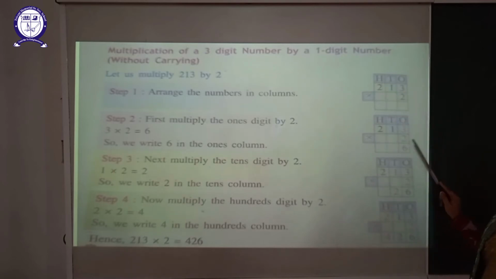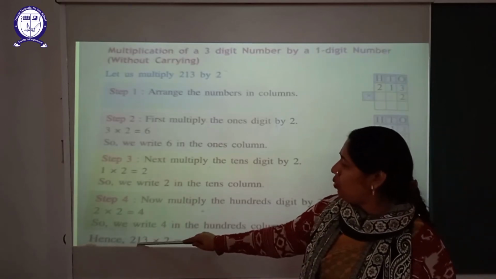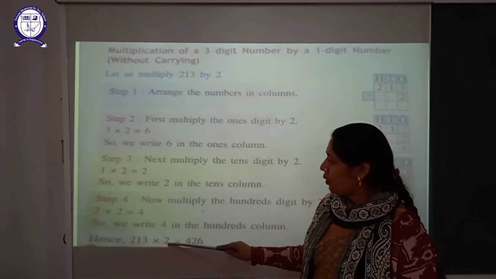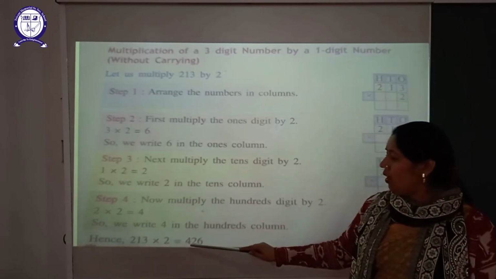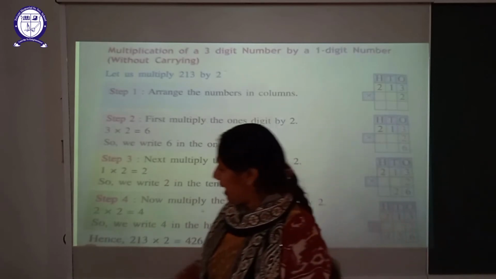Second step, we have multiplied ones by 2, 2 3s are 6. Next step, we have multiplied tens by 2, 2 ones are 2. And the last step, beta, we have multiplied the hundred place by 2, 2 2s are 4. Hence the product of 213 by 2 is equal to 426. Okay students, come to the next.